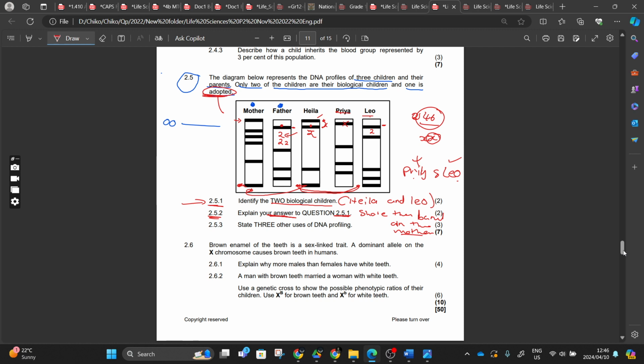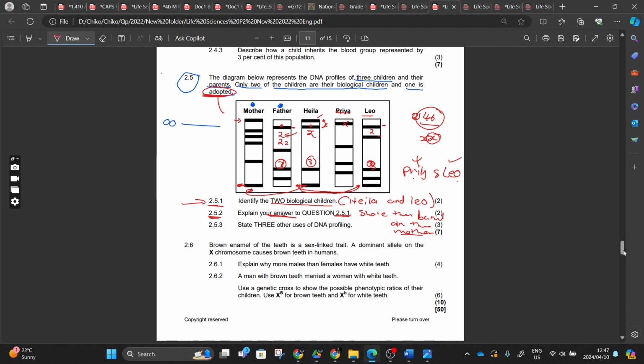Or you can say Leo is at the same position as band number 3 in Hela, and both these bands we can find at band number 3 in the father. Then you get your 2 marks. So you see that there are many ways to explain how you came up with Hela and Leo.